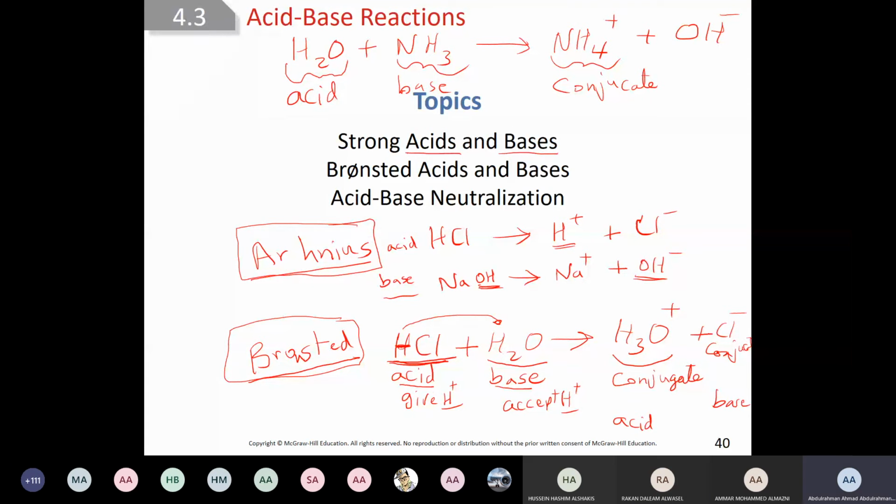Now it becomes acid. What's this? Conjugate base. Why? Because if the reaction goes back, the H plus will be given to this one from NH4. Is this clear? That's why now this becomes acid and this becomes base. I want you to memorize the definitions of acids and bases according to Arrhenius and according to Bronsted.